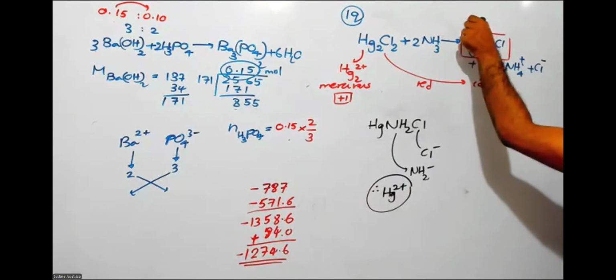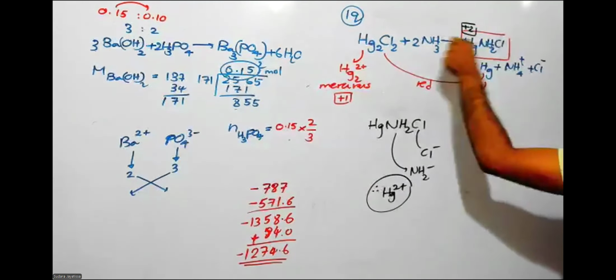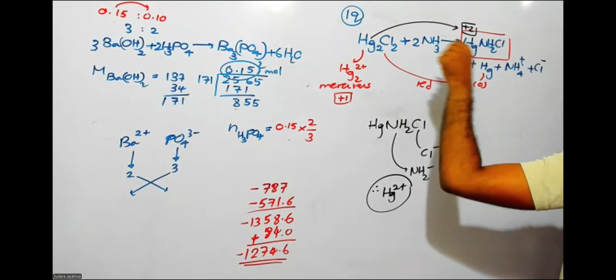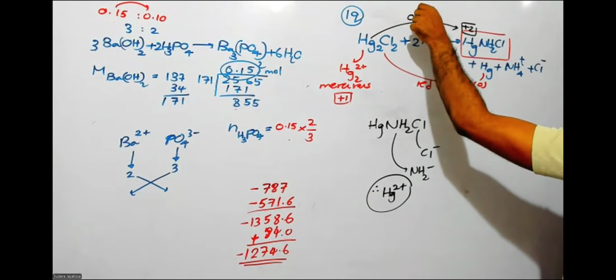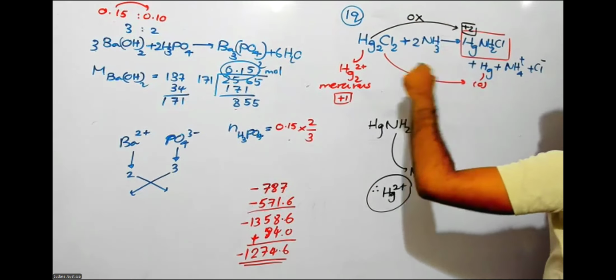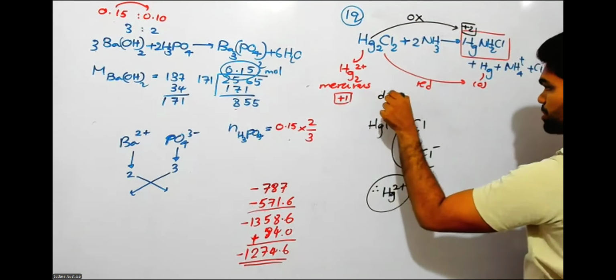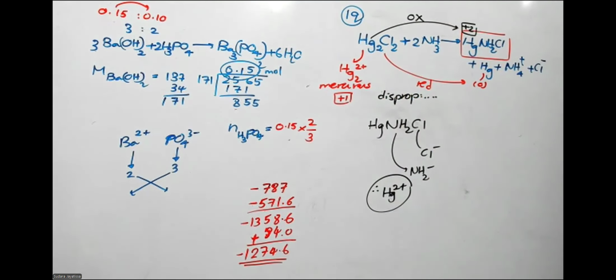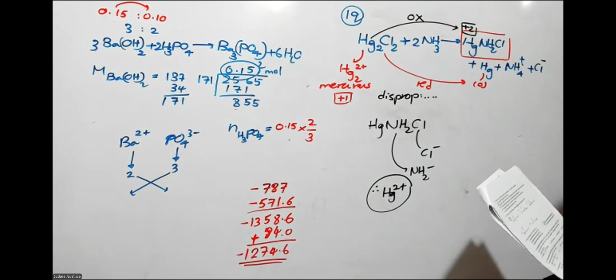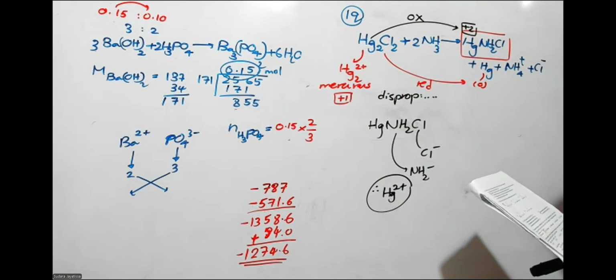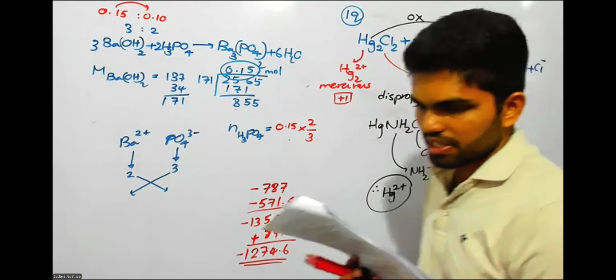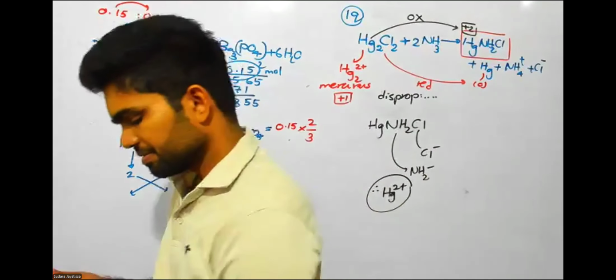So that means it is in plus 2 oxidation state. So from plus 1 to plus 2, it has undergone oxidation. So this is a very good example of disproportionation. The same entity undergoes oxidation and reduction. Understanding this will help you get the answer.